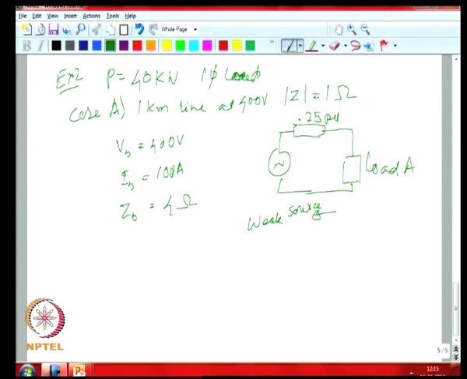Now, if you take the same 1 kilometer line, and you increase the voltage level because of better insulation, but you keep the diameter of the line, its geometry, etc., similar, and say you consider case B, where you have a 1 kilometer line at 4 kV, and the magnitude of its impedance is again 1 ohm.